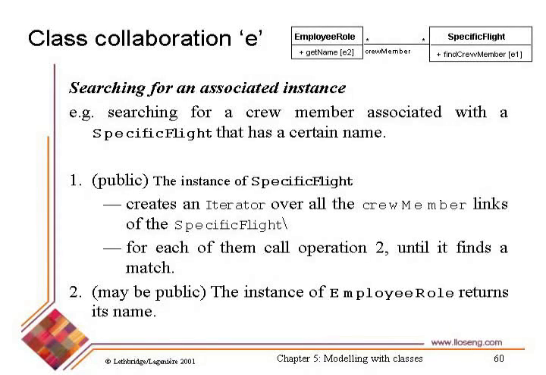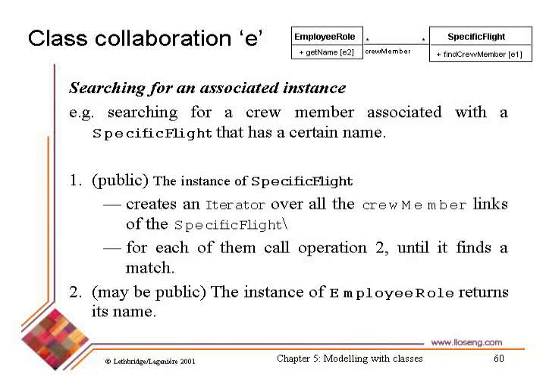So we're going to be searching through all the crew members until it finds a matching name. Now I just made a mistake there. The public method here is find crew member. Get name is also public. Get name is the method in employee role, but what's going to be doing this iteration is find crew member.